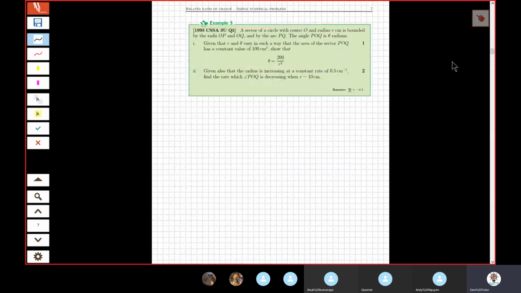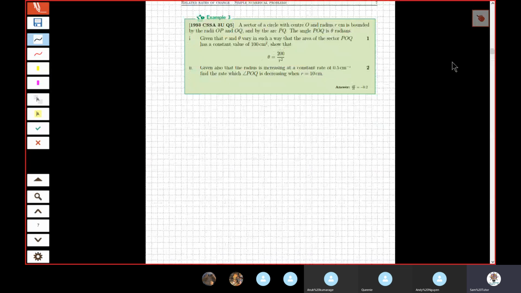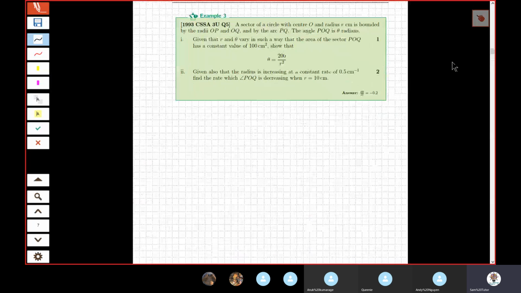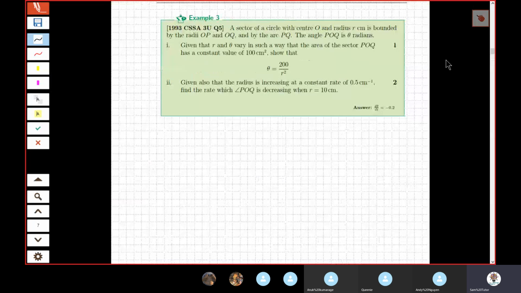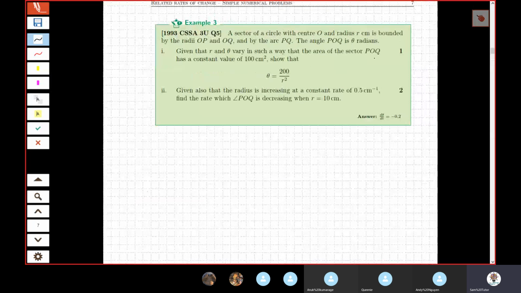So again, another question, another exam question. This was in the CSSA trials. And again, can you see it's a different question altogether? Because now it's got to do with the sector of a circle. So let's do it. A sector of a circle with center O and radius R is bounded by the radii OP and OQ and by the arc PQ.